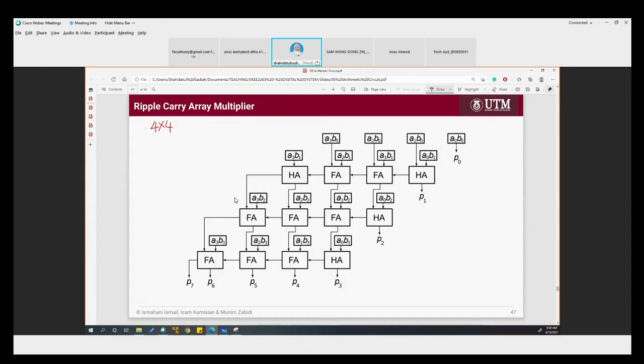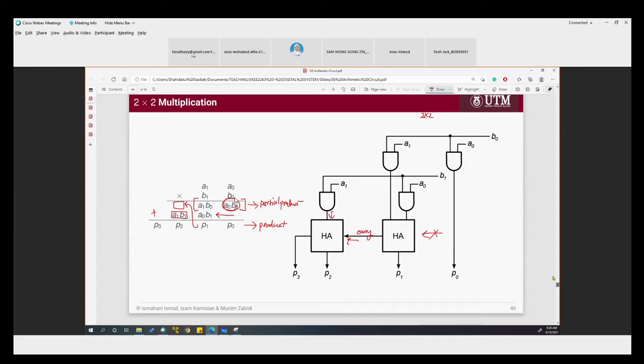Because I can see that there are 4 partial products. 1, 2, 3, and 4. 4 partial products and 4 bits. Okay. 1, 2, 3, 4. 4 partial products and 4 bits. So this is a 4 by 4 array multiplier. Just now, this is also an array multiplier where we have 2 by 2.